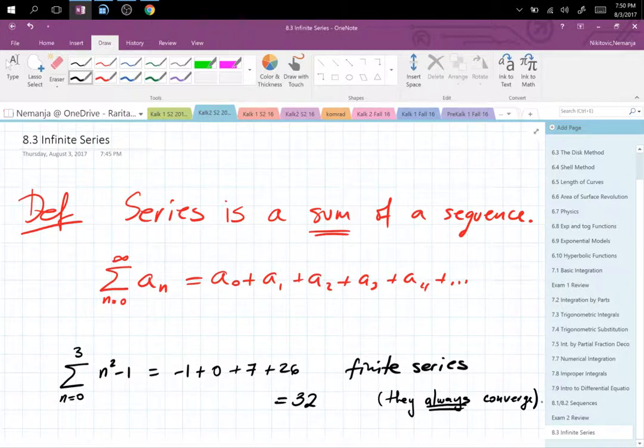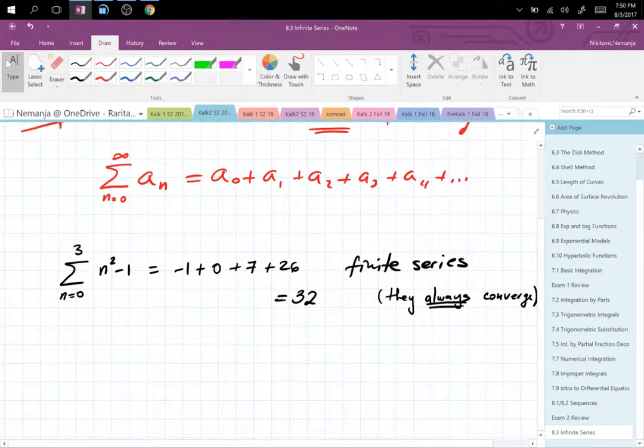We have to add using clever methods. So we study 10 basic tests to test for convergence or divergence of series, which means what's going to happen to the entire series as you add infinitely many terms.